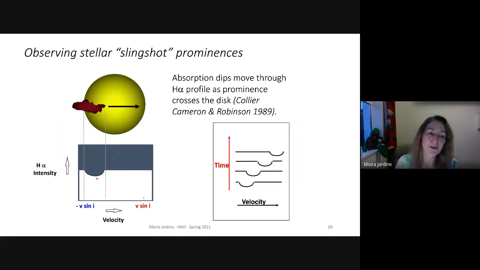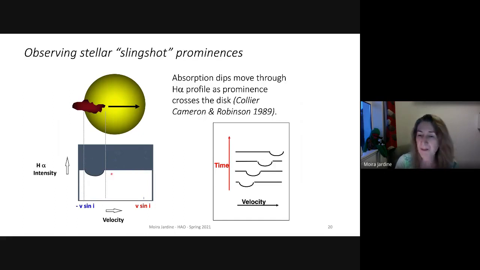So we lose photons that were blue shifted. As the prominence moves into line center, we lose photons in the center of the line. And as it moves on to the right-hand limb, it scatters away photons that would have been redshifted and would have contributed to the red part of the line.